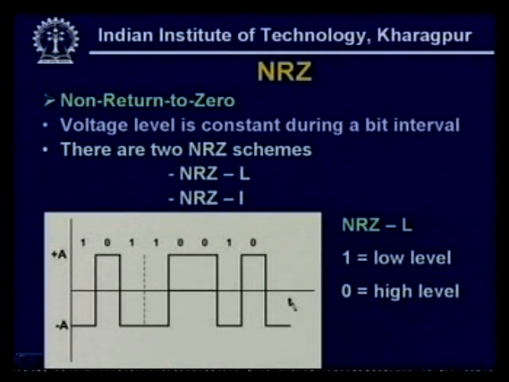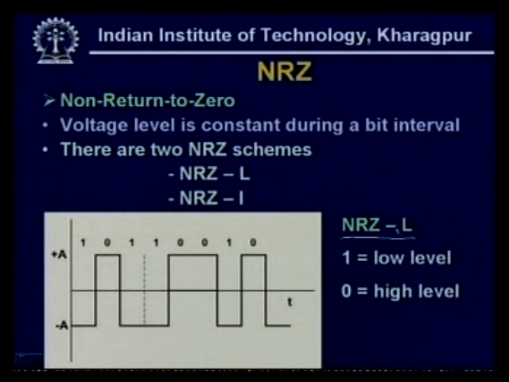Non return to 0, that is NRZ. In this particular case, as you can see from this diagram, voltage level is constant during a bit interval. It has two varieties, NRZ-L and NRZ-I. First, let us consider the NRZ-L. In case of NRZ-L, L stands for low level.